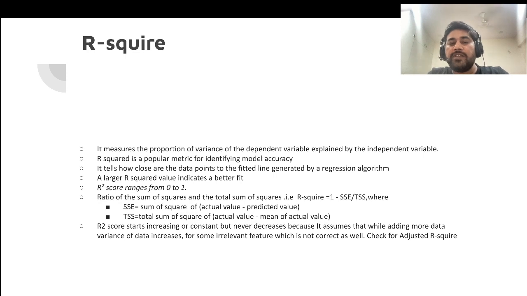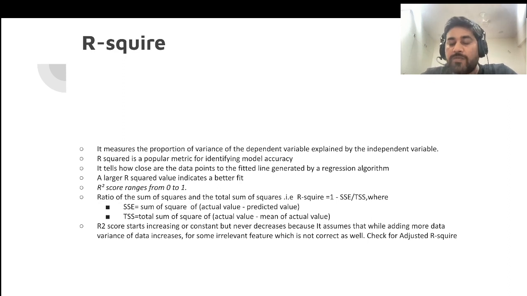If we have multiple features, then it does not work perfectly, because it will always try to increase the R square value whether that feature is significant or not. So that will not give the correct value, because it will increase even for irrelevant features, which is not correct.